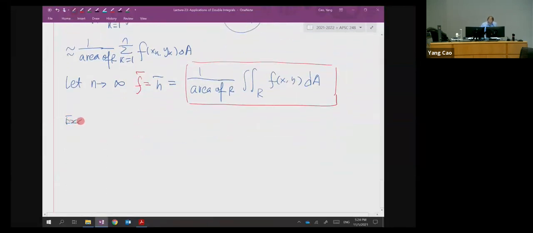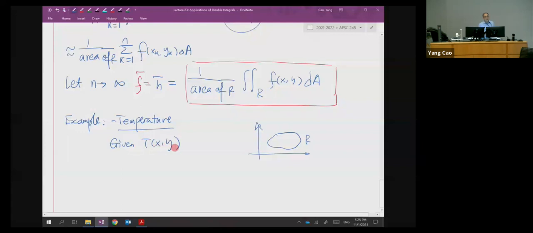Let me show you an example here. We've done double integrals, so there's really nothing tricky in terms of computation. It's just application. Given a region R, and also given a temperature function T of (x, y), T(x, y) represents the temperature distribution across this thin plate region R. You pick a point within region R, plug it in, and get a temperature.